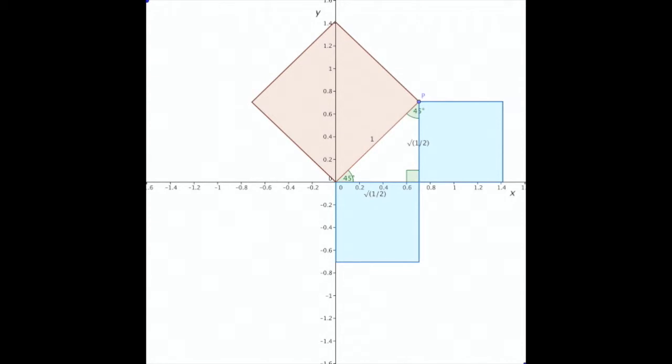It also means that the x and y coordinates of point P are each the square root of 1/2. And now at last for some words we use in trigonometry. The height of point P, its y coordinate, is equal to the sine of 45 degrees. And the x coordinate of P is equal to the cosine of 45 degrees.